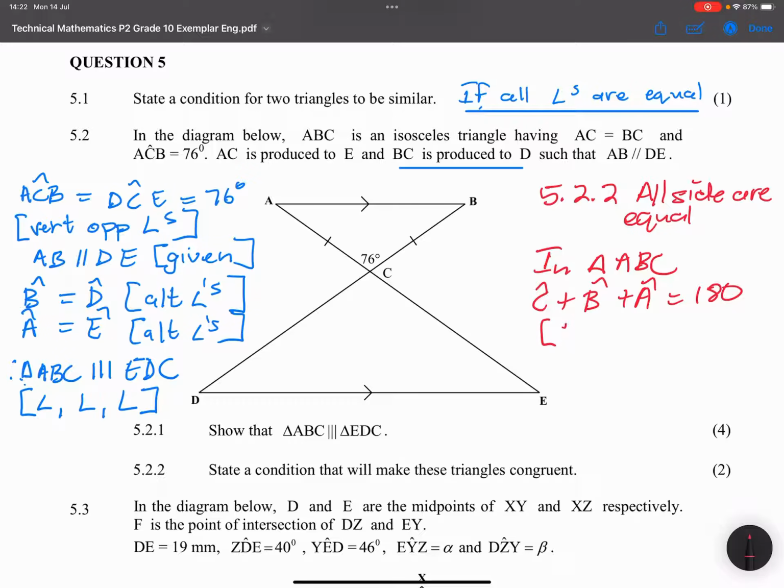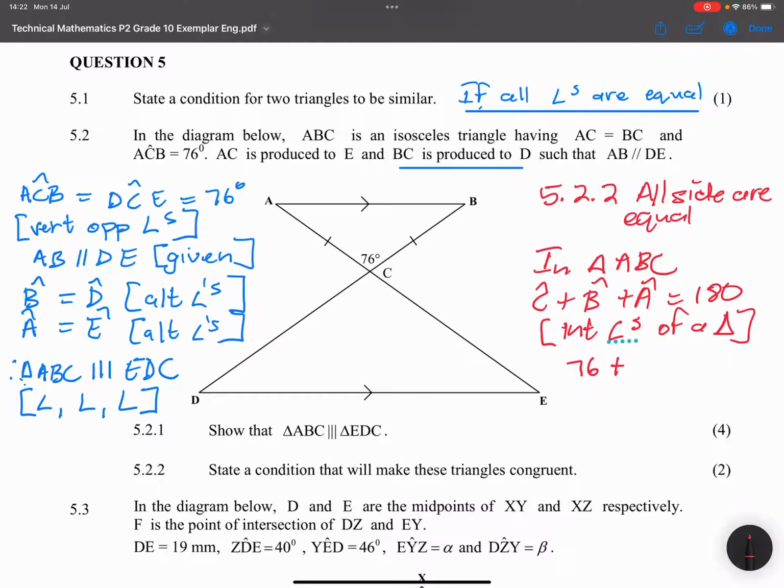Remember, these are the interior angles of a triangle. But I already know that angle B is equal to angle A.